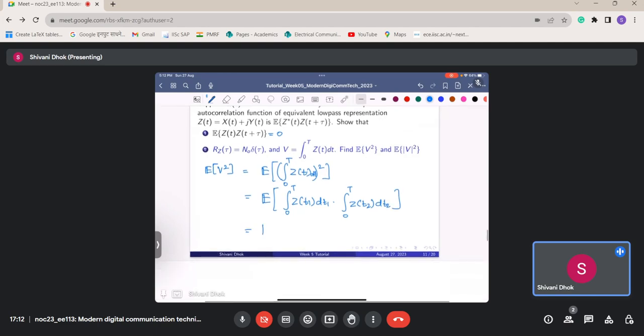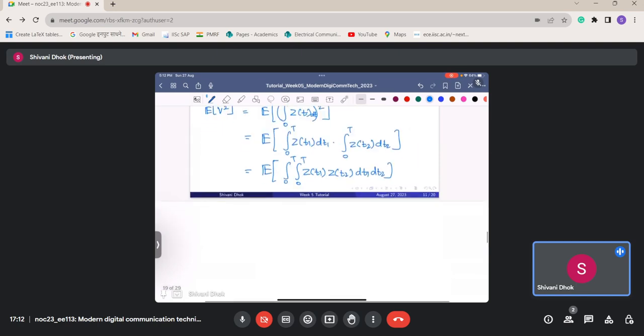This is equal to expectation of the double integral from 0 to t, 0 to t of z(t1) z(t2) dt1 dt2, and this is equal to the integral from 0 to t, integral from 0 to t.